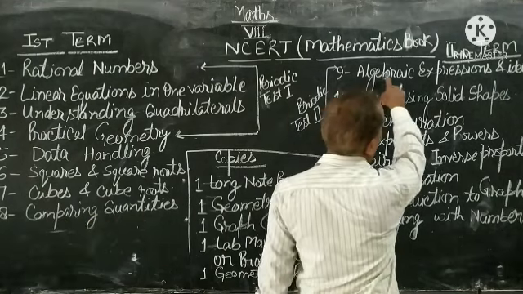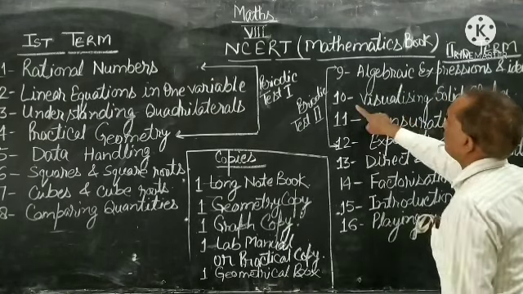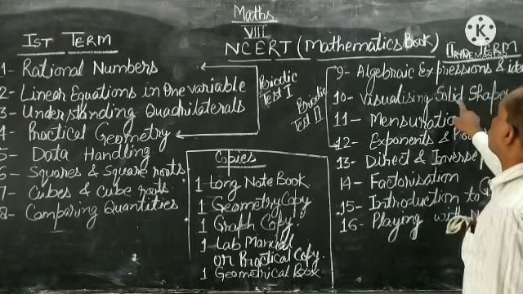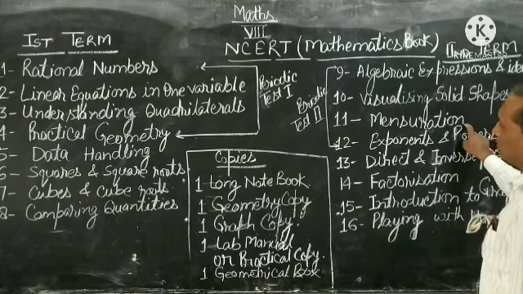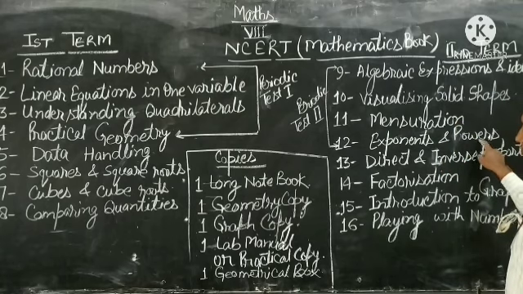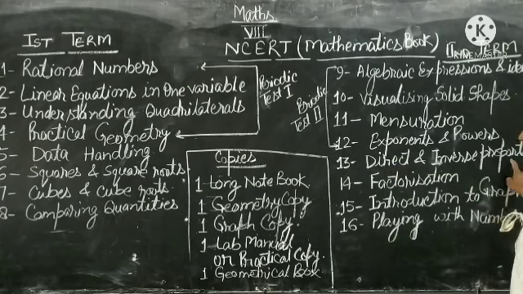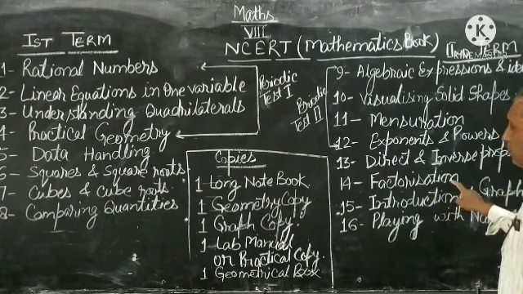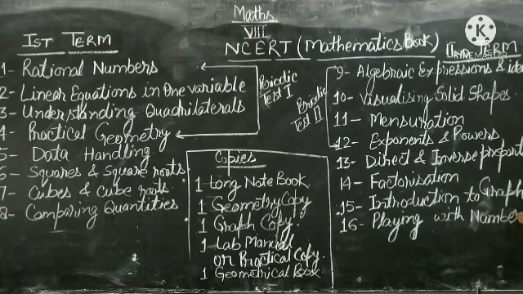Lesson 9 algebraic expressions and identities, 10 visualizing solid shapes, 11 mensuration, 12 exponents and powers, 13 direct and inverse proportions, 14 factorization, 15 introduction to graphs, and 16 playing with numbers.